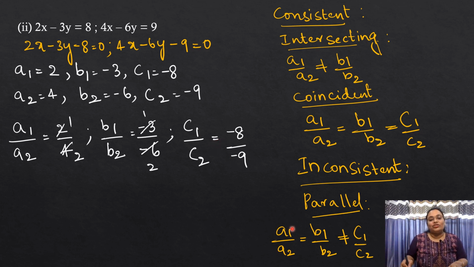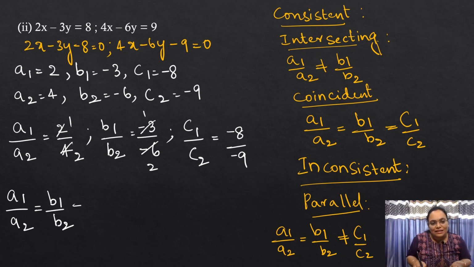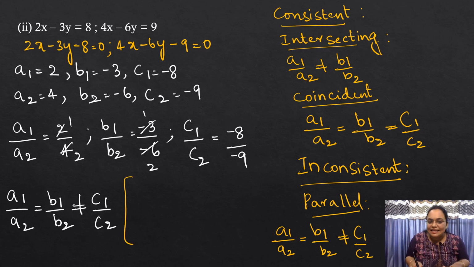So we can see that these two ratios are equal and this ratio is not equal. So this is the condition for the parallel lines, right? So it is an inconsistent system. So A1 by A2 is equal to B1 by B2 is not equal to C1 by C2. So we can say that the given lines are parallel.